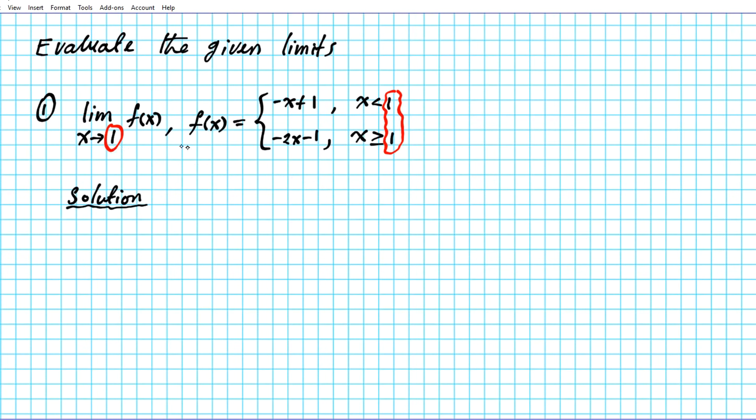Okay? Whenever you have a scenario like this, you have to find the left and right hand limits. Why? It is because we have two different functions for the two subdomains that we have. You can't just pick one.